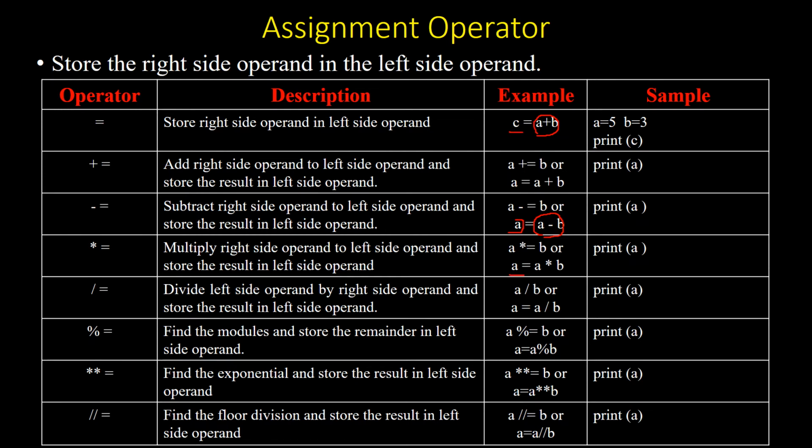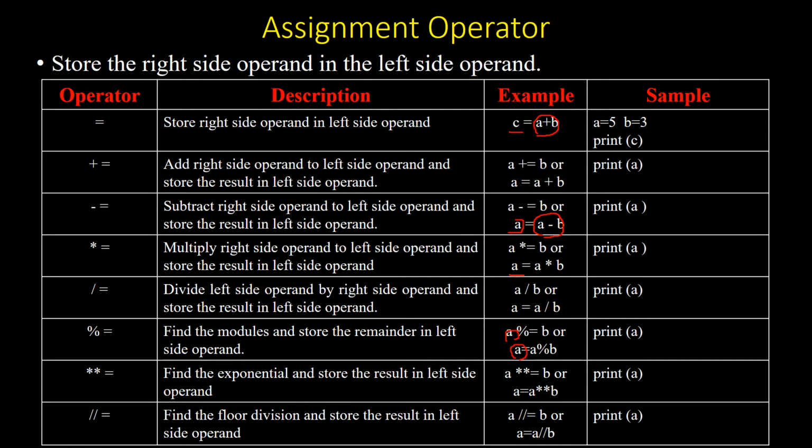Then divide the left side operand by the right side operand and store the result in the left side operand, that is, a equal to a divided by b. Then find the modulus and store the remainder in the left side operand, that is, a modulo equal to b, and we store the result in the a value.